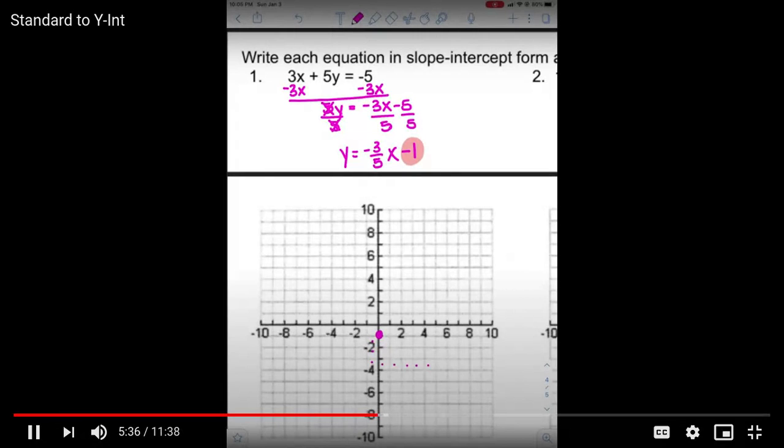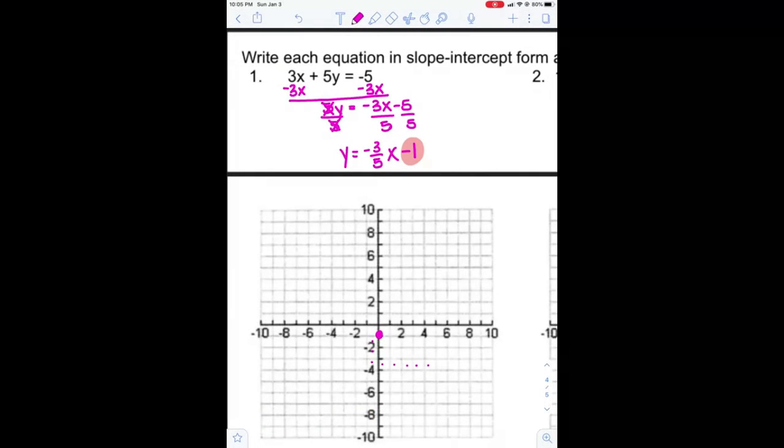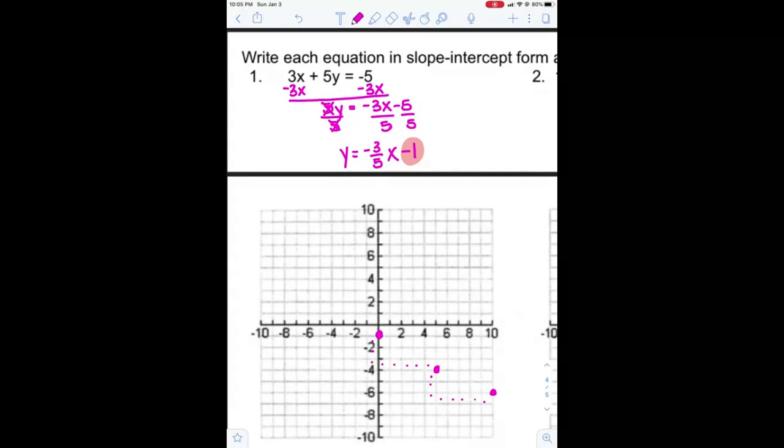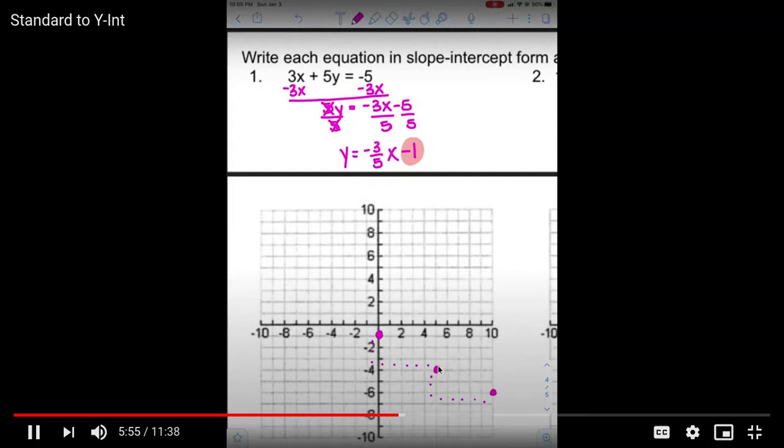And I see that my graph is going to go down 3 and over 5 because I've got a negative 3 over 5. And remember that top number is your rise and the bottom number is your run. So down here, I'm going down 3 over 5, and I'm going to do the same thing just going backwards.